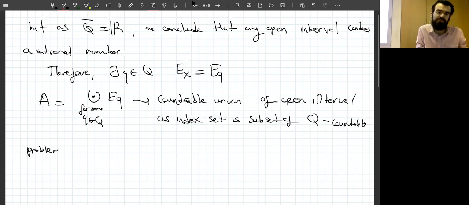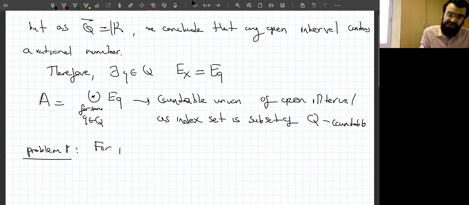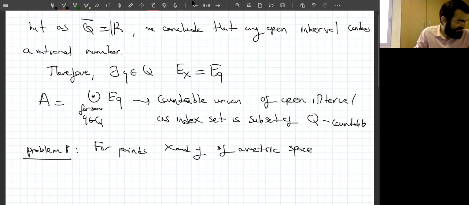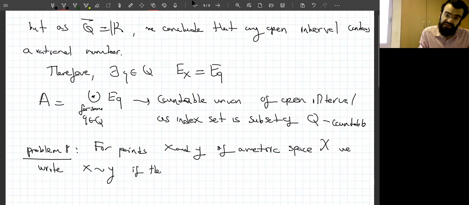Problem 8. For points x and y of a metric space X, we write x related to y if there is an arc, or path, joining x to y.